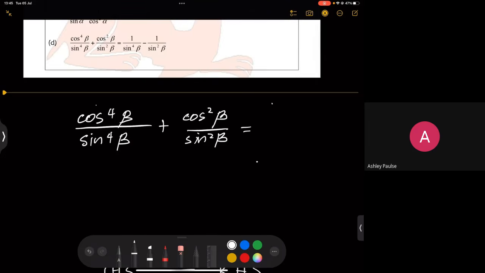This is equal to 1 over sine 4 of beta minus 1 over sine squared of beta.